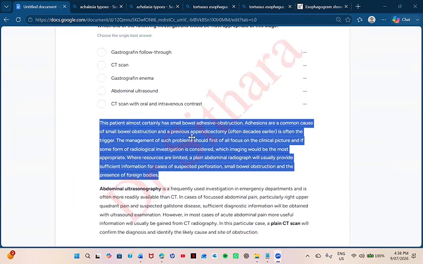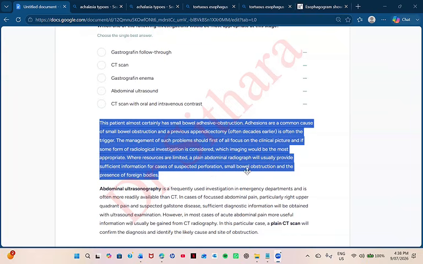Okay, this patient almost certainly has a small bowel adhesive obstruction. Adhesions are a common cause of small bowel obstruction, and a previous appendectomy, often decades earlier, is often the trigger. The management of such problems should first of all focus on the clinical picture, and if some form of radiological investigation is considered, which imaging would be most appropriate, where resources are limited?